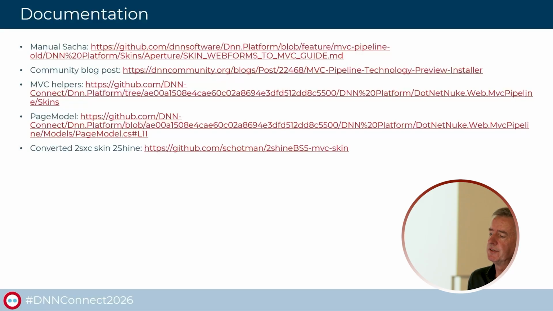In the app. Okay, in the skin, in the Apache skin here, there's nice documentation on what you need to do to get your skin converted to cshtml, to the MVC version. So pretty straightforward, I would think. It's not that difficult. Oh yeah, there was one thing I forgot to tell, and let's first get my screen back.